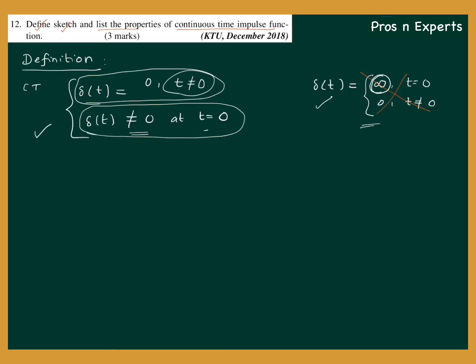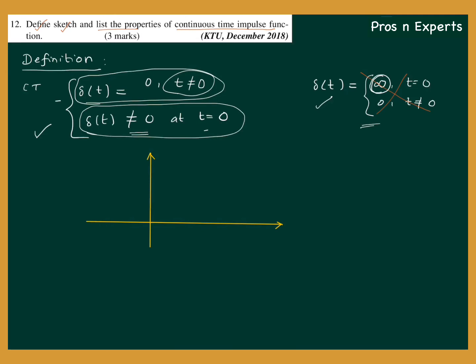So we can move on to sketch the signal. You just play around this definition and sketch it. This is the time axis. This is the amplitude axis. While sketching the signal, you have to take care of this definition.